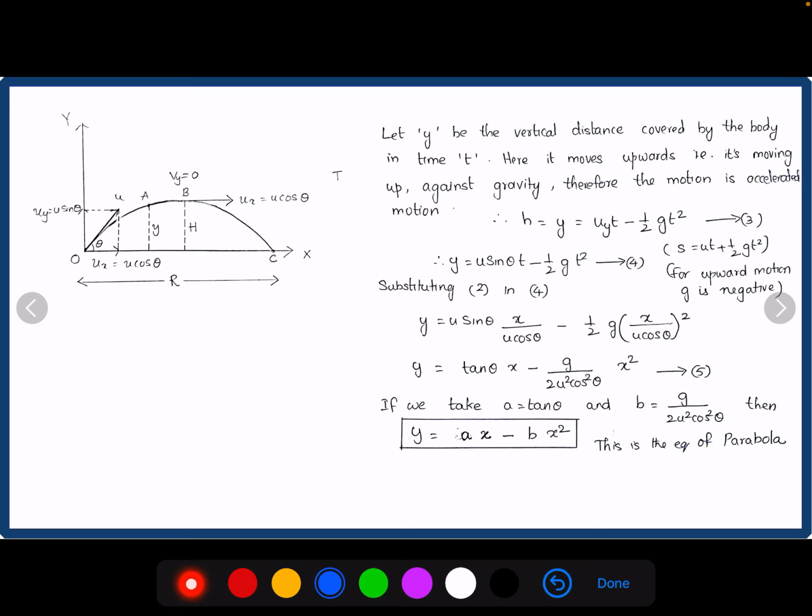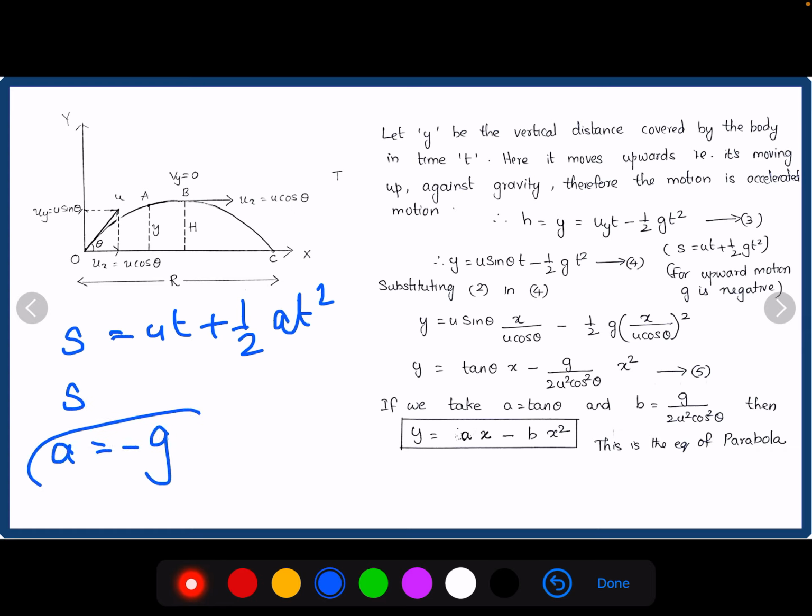Then we have to apply the formula S is equal to ut plus half at square. But for vertical upward motion, a is equal to minus g. Therefore, S is equal to ut minus half gt square.